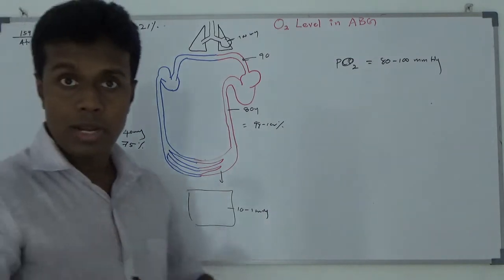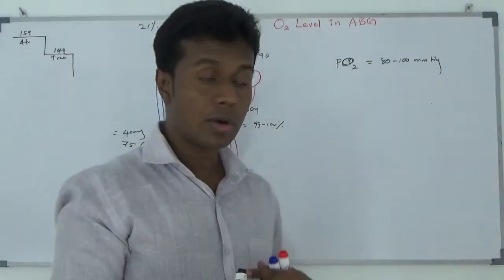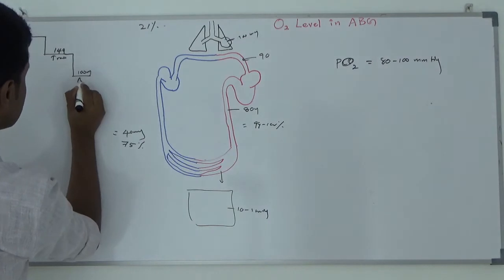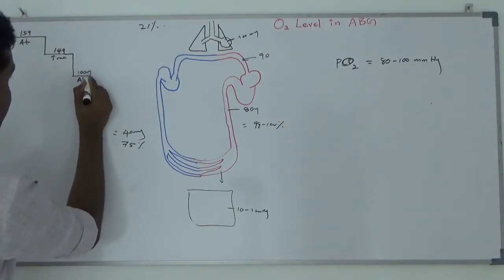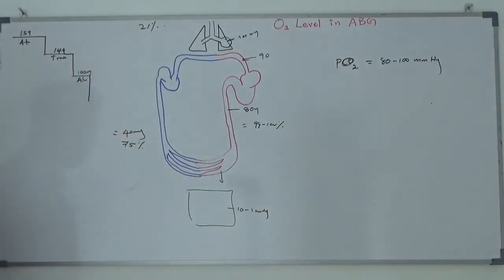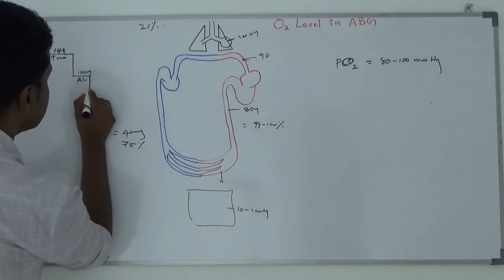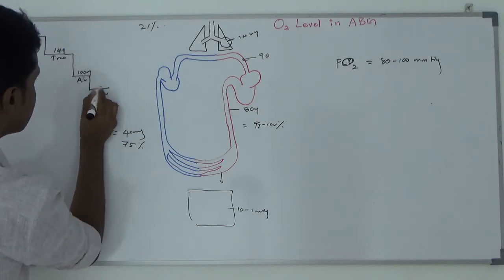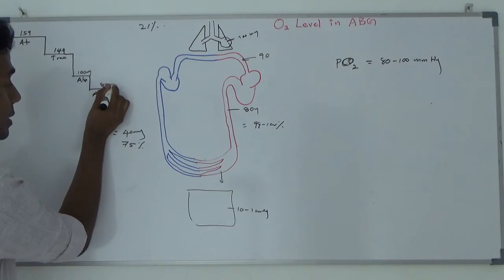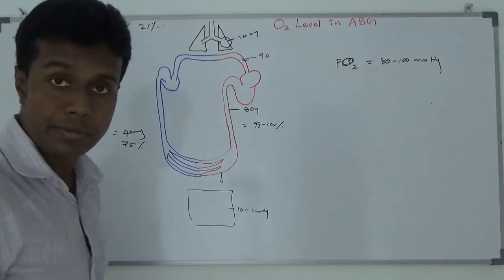Once it comes into your alveoli, because of the mixing of carbon dioxide, it reduces to 100 millimeter mercury. This is your alveoli. Then once it comes into the aorta or major artery, because of the shunting, this is arterial, this is about 80 to 100 millimeter mercury.